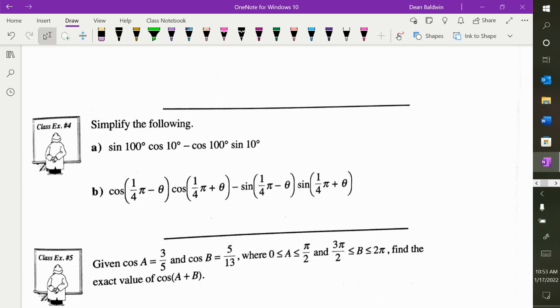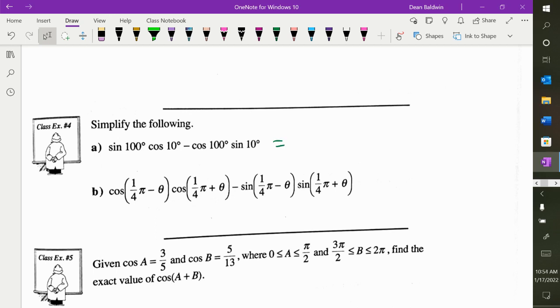Sine 100 cos 10 minus cos 100 sine 10. So when you see an expression with sine and cos separated by a positive or negative sign, and then cos and sine with the angles all the same, start thinking your addition identities.